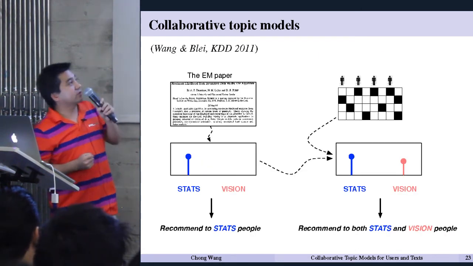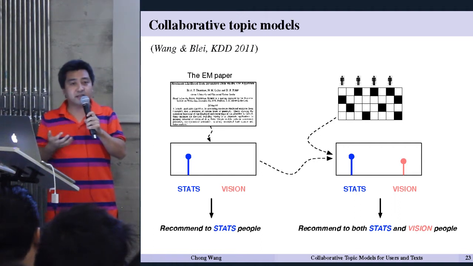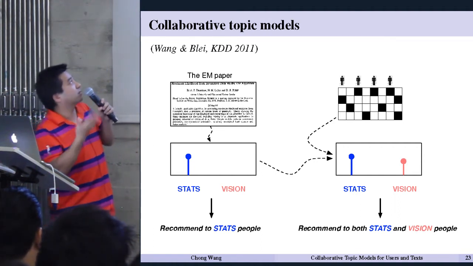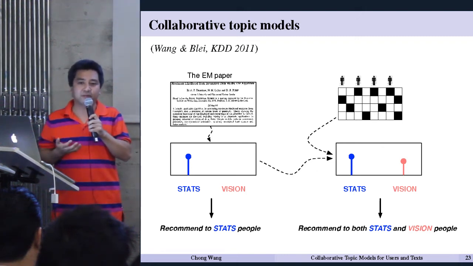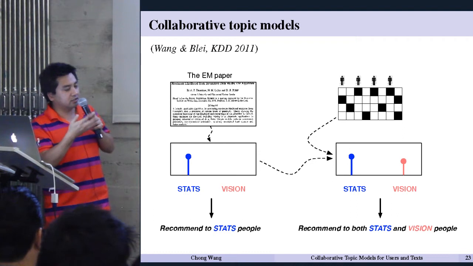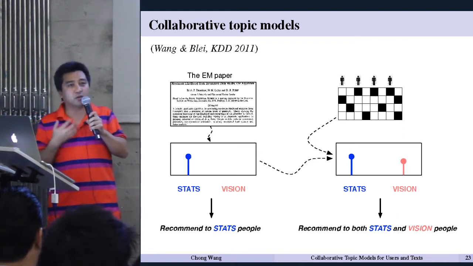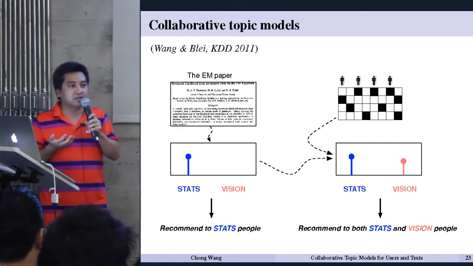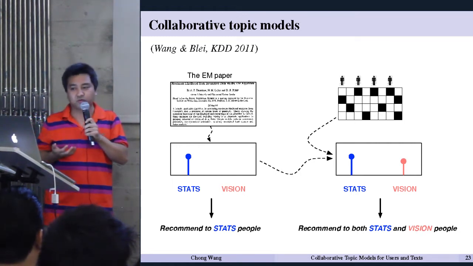Let's say we observe that this article is actually read by many computer vision researchers, but if we only use its topic proportions, we won't make that happen, because if we only look at the content of this document, we can only recommend it to statistical people. So how do we make this paper also appealing to vision people?